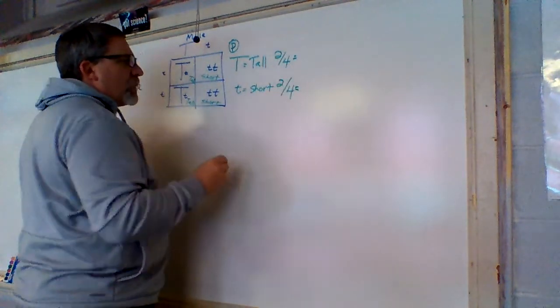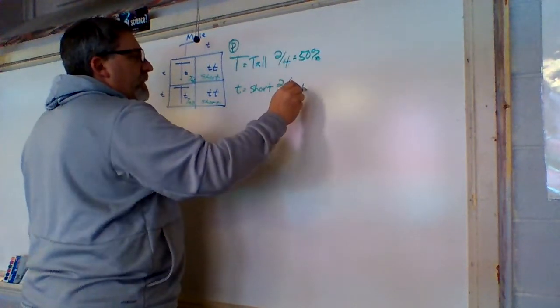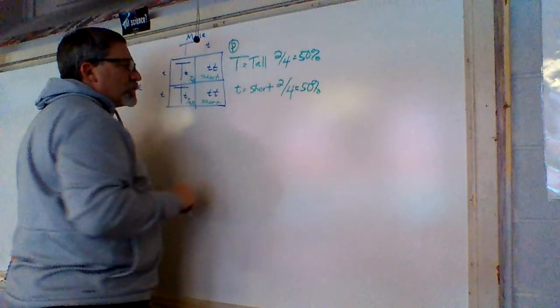But in here, we're just going to say 50% and be done with it. Because that represents 2 of the 4 squares. And we're happy with that right there. Okay? All right. Now then, so you're done with phenotype now. Phenotype is tall and short. Remember, phenotype is what you see. Okay? You can see tall and short.